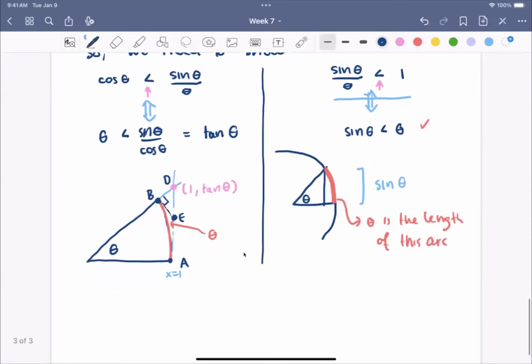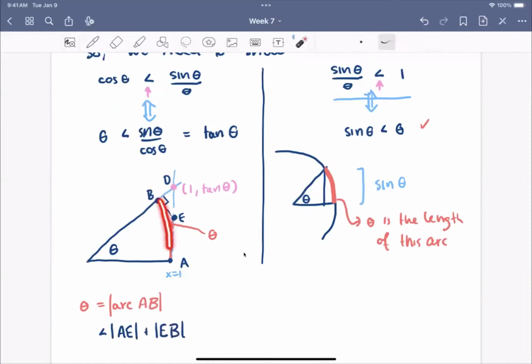Okay, so theta is equal to the arc from A to B. So I'll just call that arc AB, the length of that arc. And hopefully you find it believable that this is strictly less than the length AE plus the length EB.